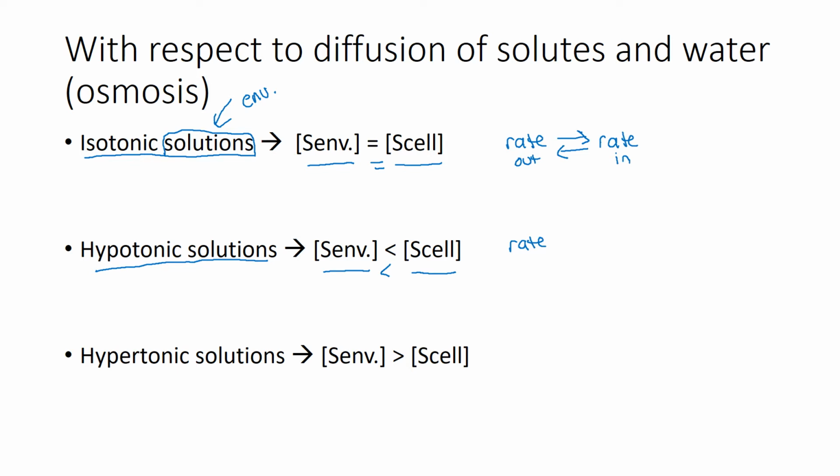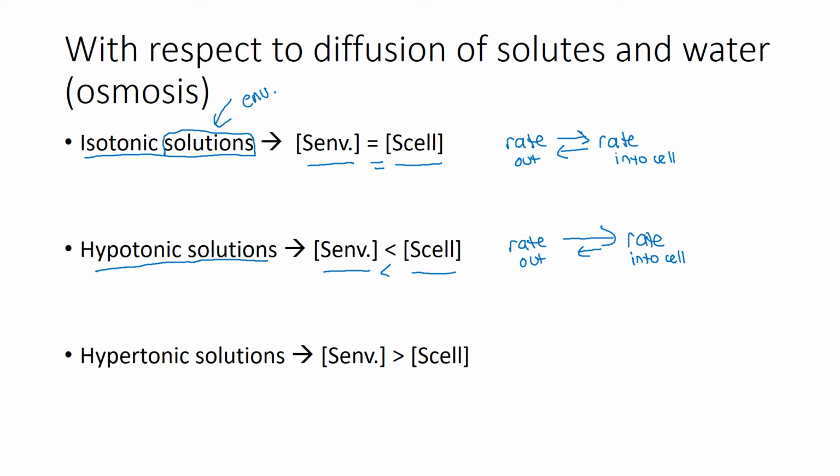So here we have the rate out of the environment in this direction towards the cell. Okay, so we'll put into the cell here, is going to be greater than that out of the cell.